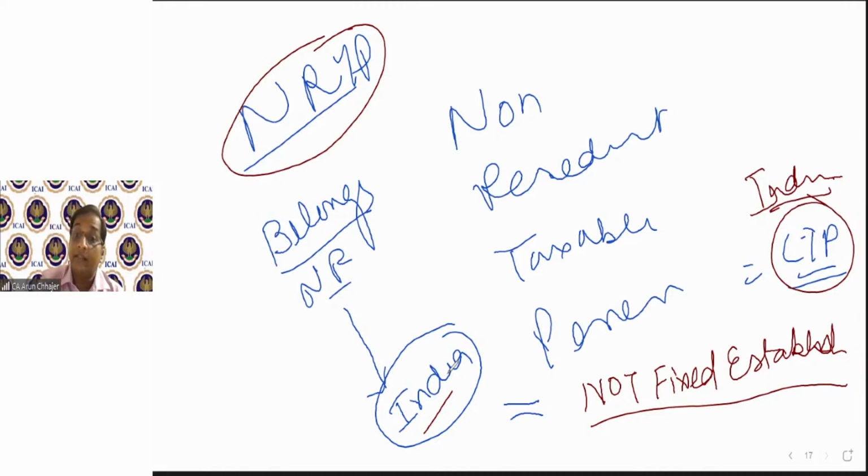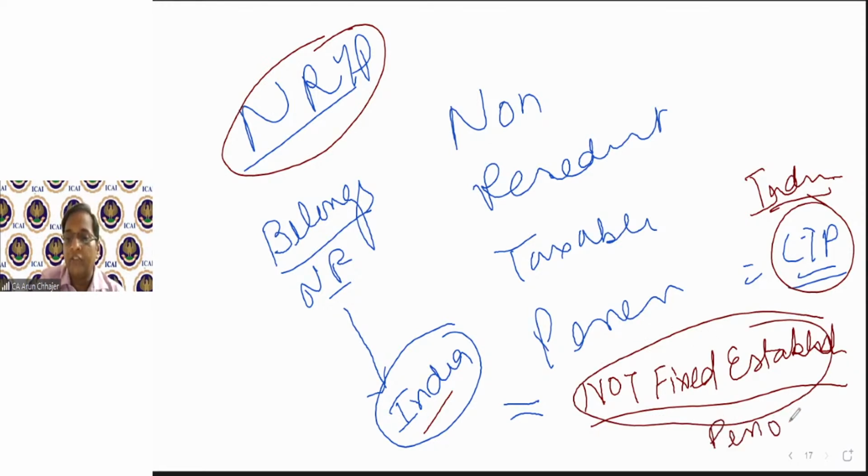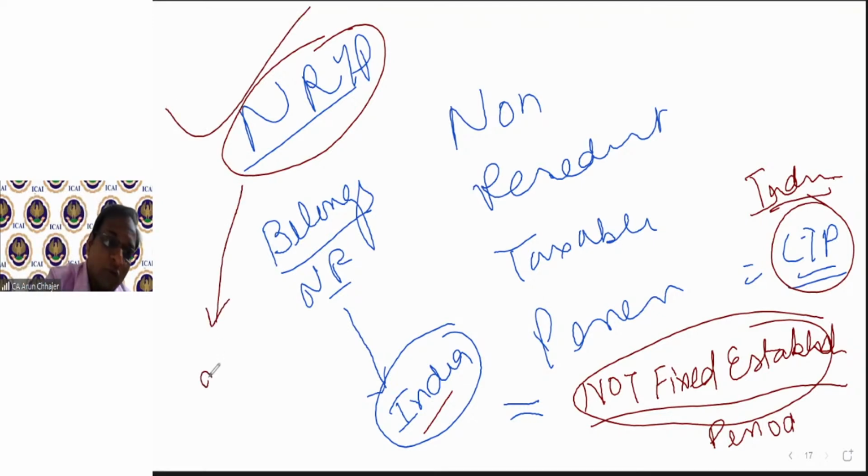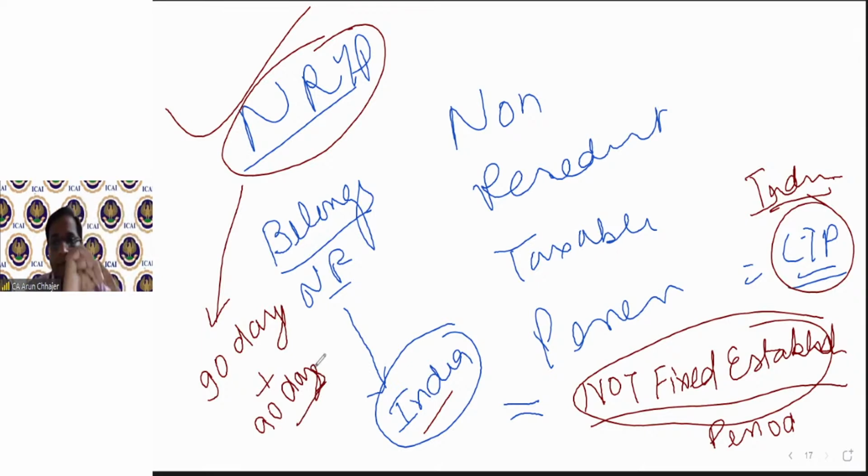Because they do not have a fixed establishment and the period is limited, they can go for this NRTP category, because it is valid only for 90 days maximum, and further if they want they can extend for 90 more days, correct? So this is another option. They have to take registration, without which they cannot make the taxable supply.